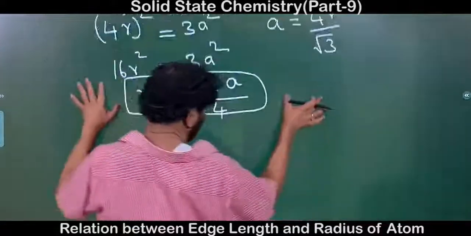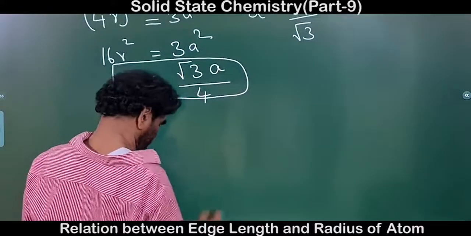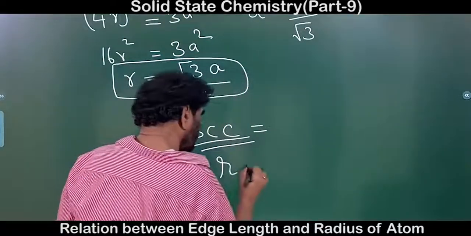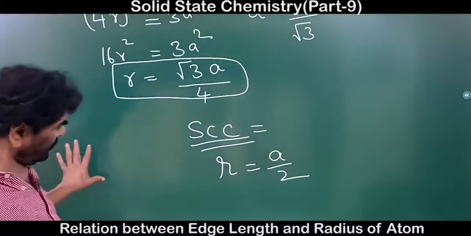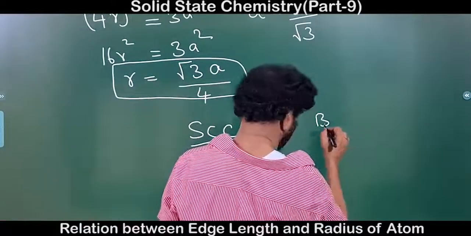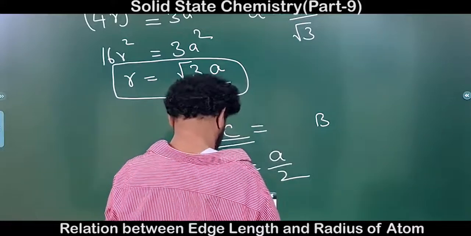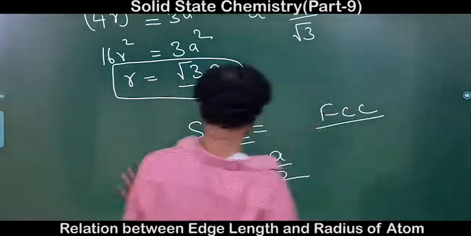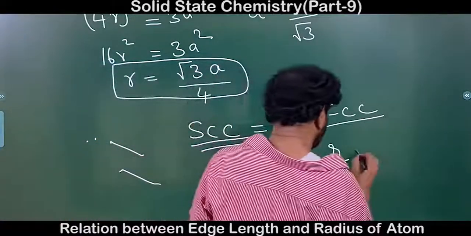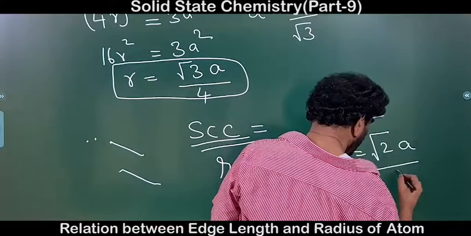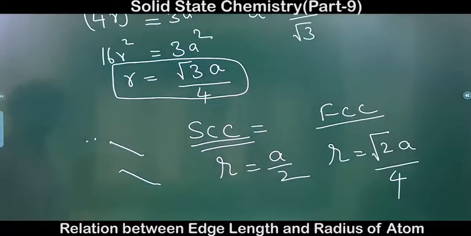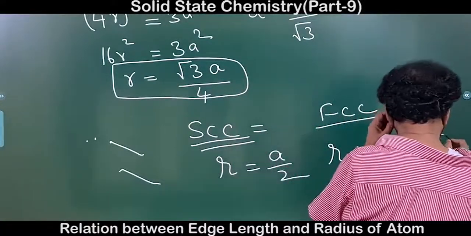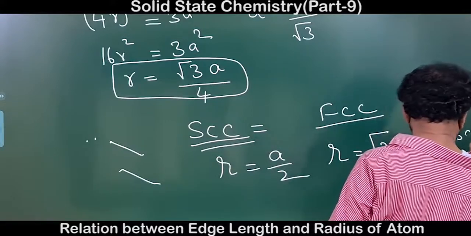See, for the simple cubic unit cell, r is equal to a by 2. For the face centered cubic unit cell, r is equal to root 2 a by 4. And for the body centered cubic unit cell, r is equal to root 3 a by 4.